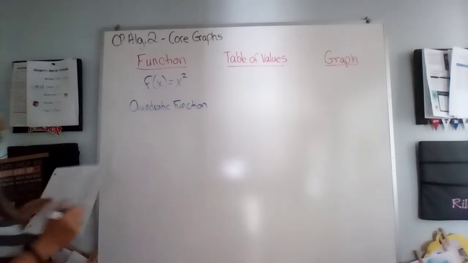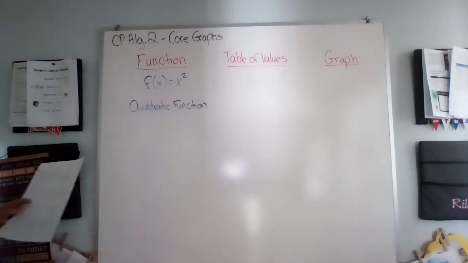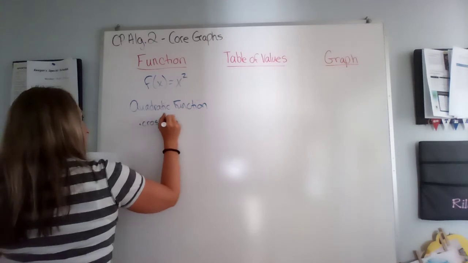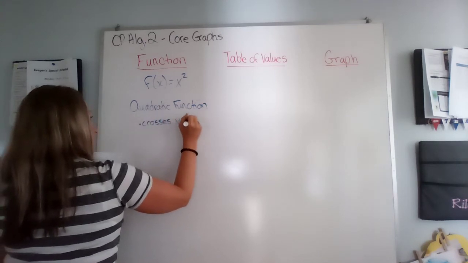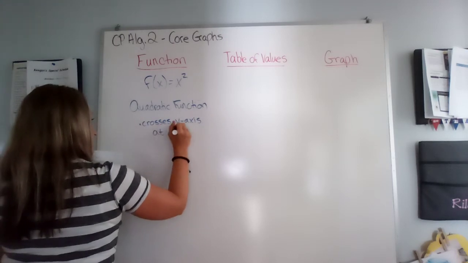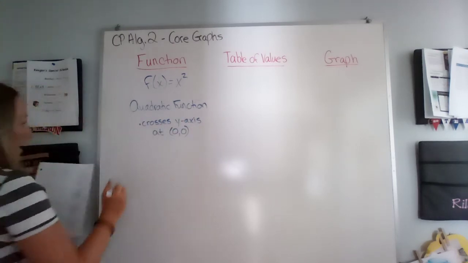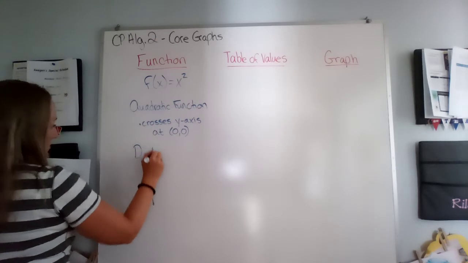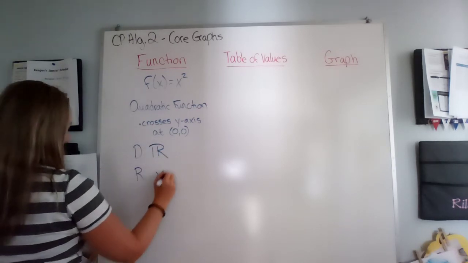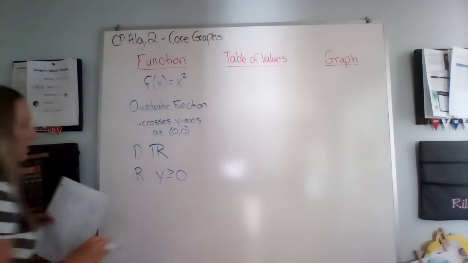All right, for the quadratic function, it also crosses the y-axis at 0, 0. And the domain, it's all real numbers. And the range is y is greater than or equal to 0.